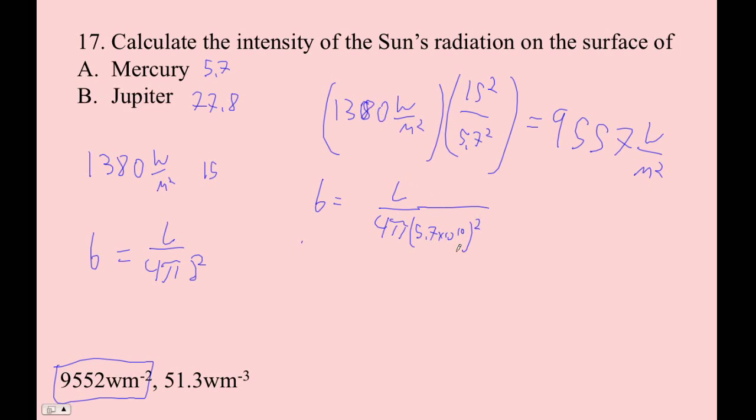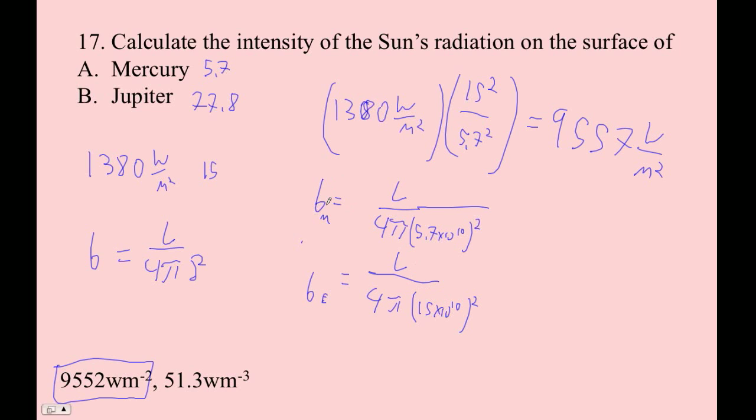We don't know the luminosity of the sun. And the brightness at Earth is equal to the luminosity of the sun divided by 4 pi times 15 times 10 to the 10th, squared.